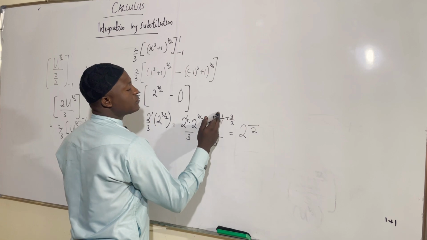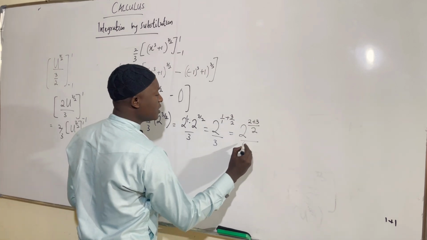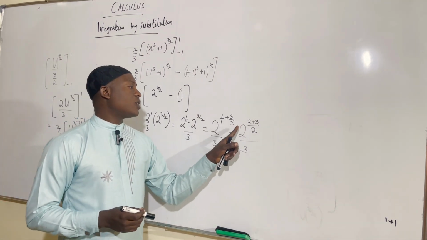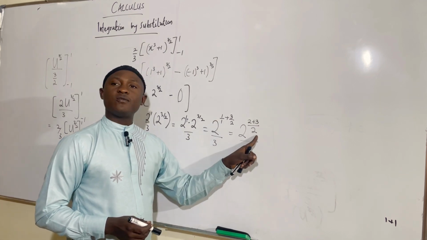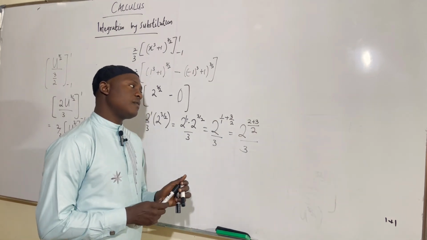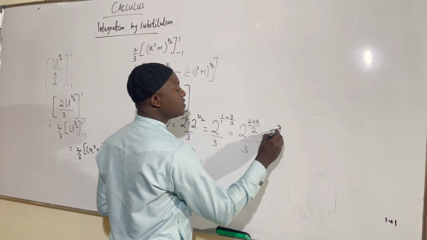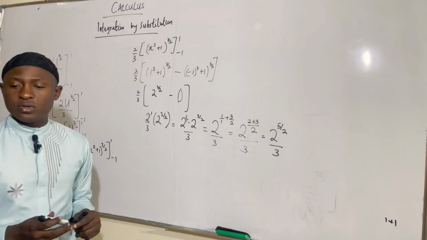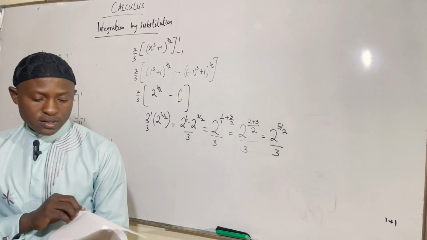That is 2 times 1, 2, plus 3, then over 3. We just do the simple fraction here. The LCM of 1 and 2 is 2. 2 times 1 is 2. 2 into 2 we have 1. 1 times 3 we are going to have 3. So here I can have this one to be 2 raised to the power of 2 plus 3, we have 5 over 2, then over 3. Depending on how you want to leave your final result.